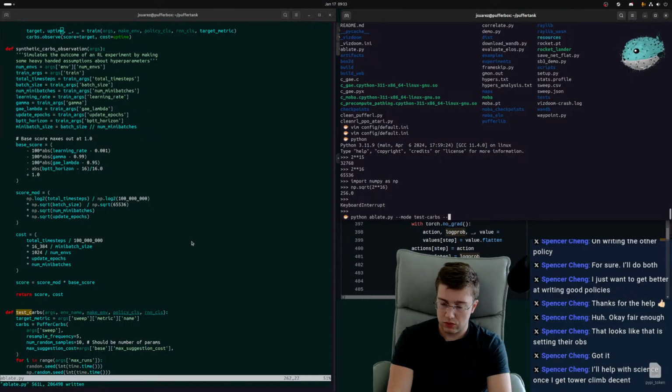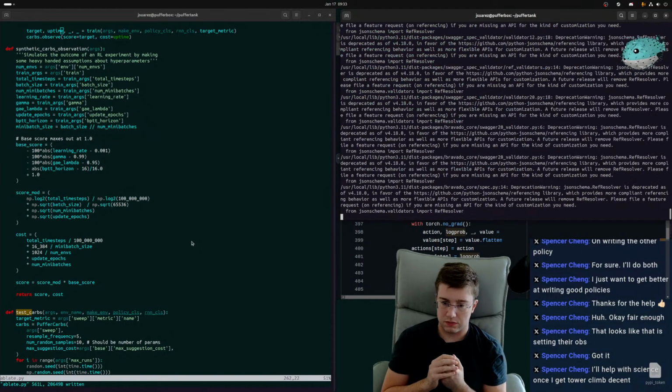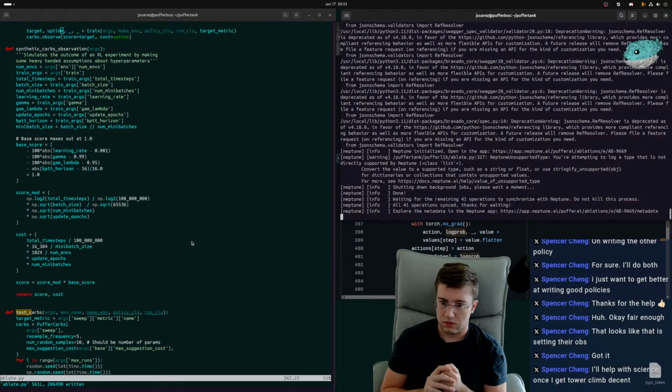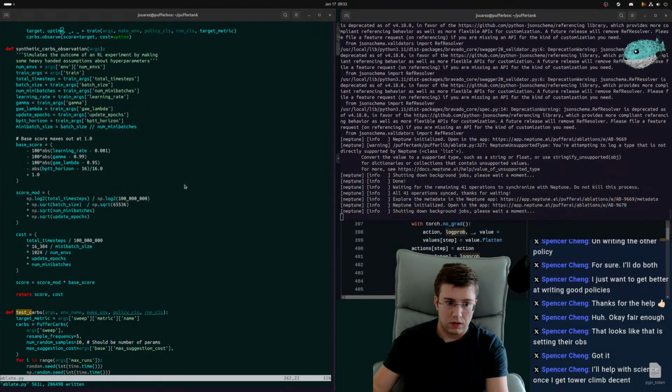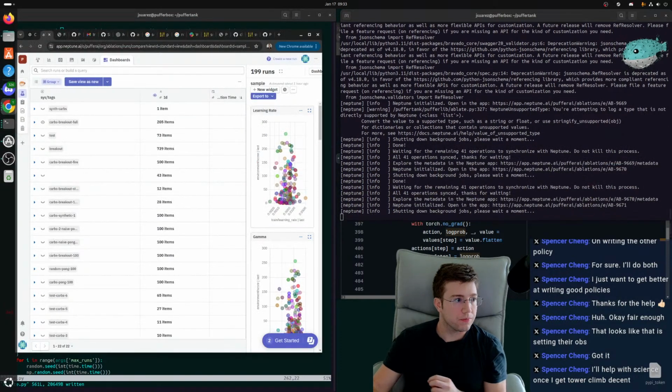And then we do Neptune tag sync carbs. We'll fix whatever needs to be fixed. Maybe it just works.